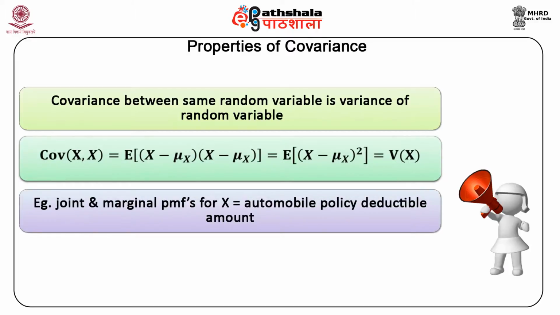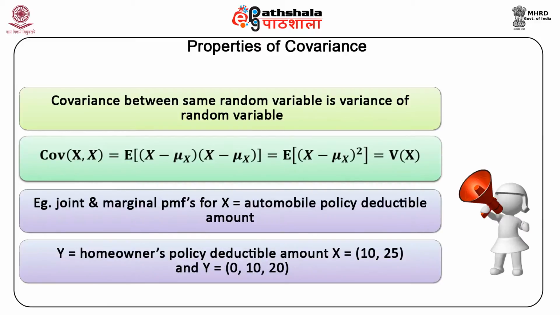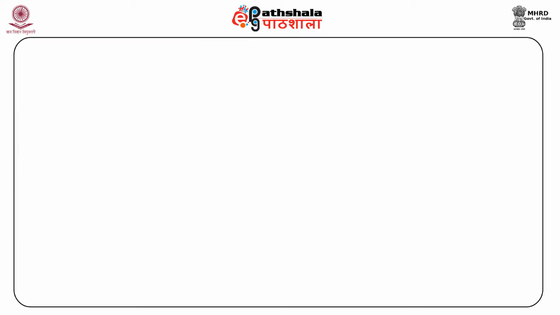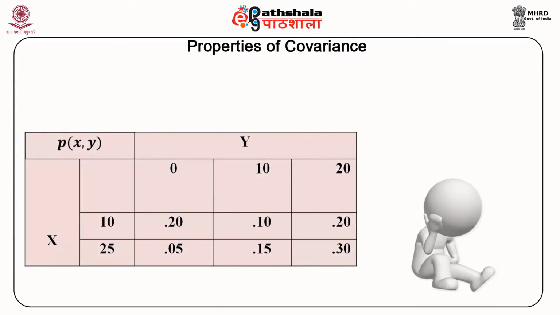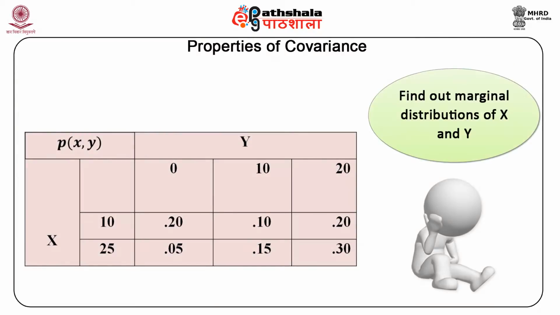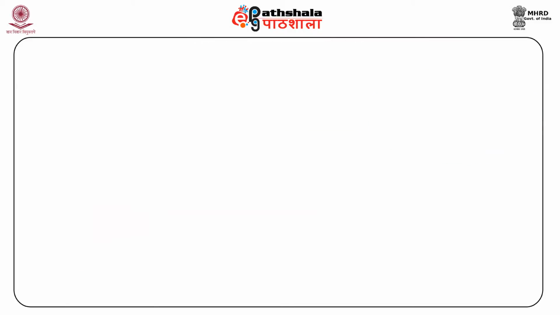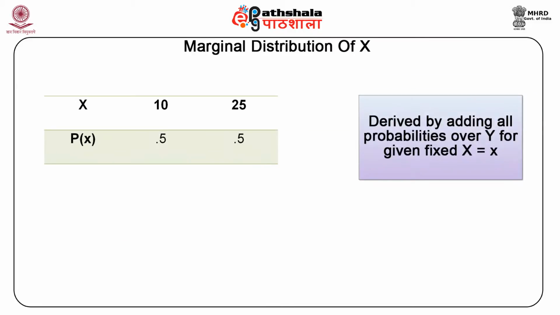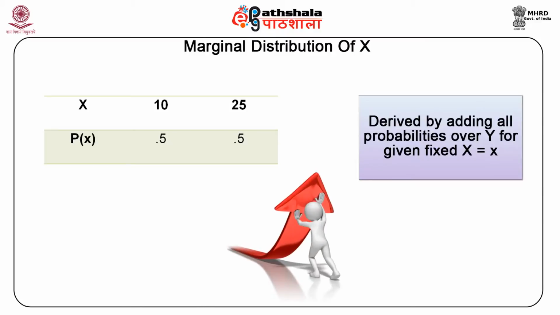Example: the joint and marginal PMFs for X, which is equal to automobile policy deductible amount, and Y, which is equal to homeowners policy deductible amount, where X is equal to 10, 25 and Y is equal to 0, 10, 20. From the information we have, we can find out the marginal distributions of X and Y. The table is derived by adding all the probabilities over Y for a given fixed capital X equal to small x.